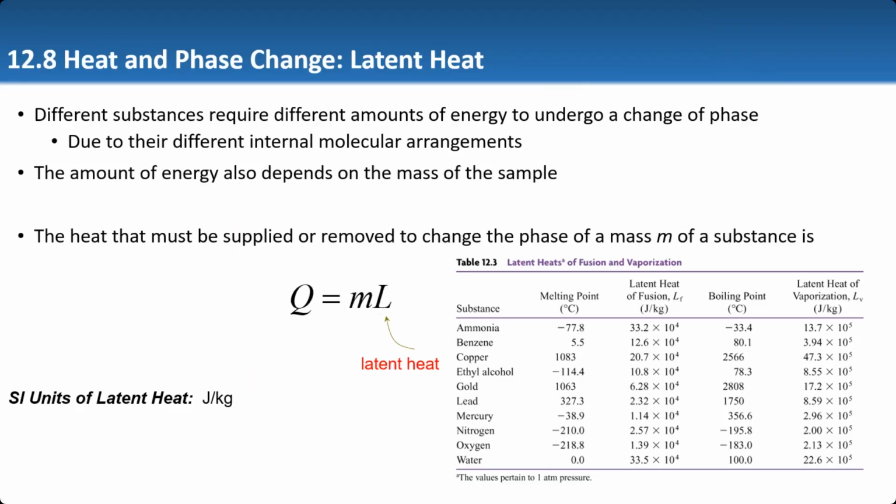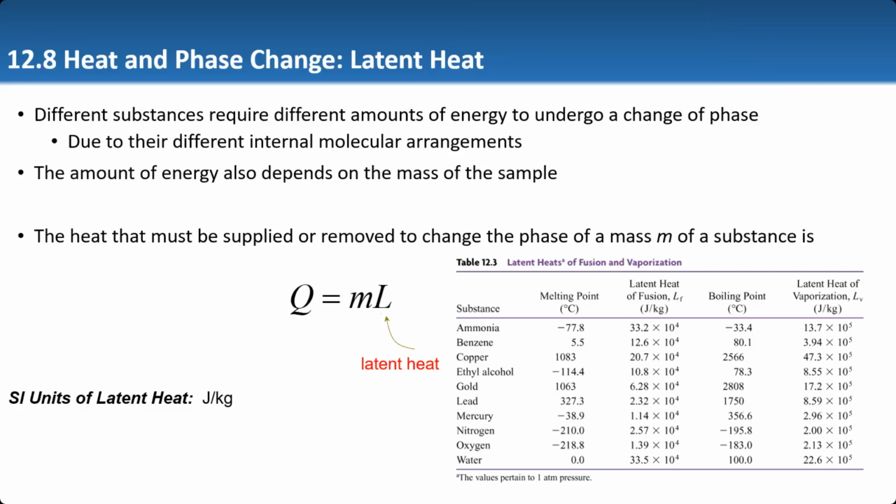L is another constant as usual, because different materials need different amounts of energy in order to change their temperature or change their phase. So L is the latent heat. It is a constant that tells me how much energy different materials need to change their phases.